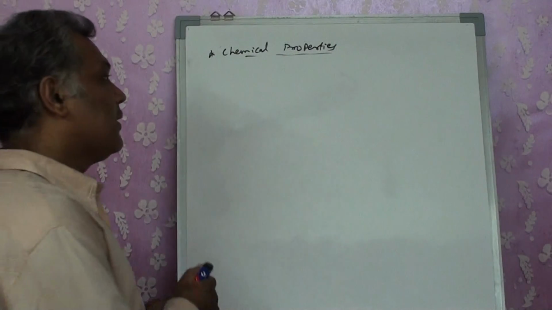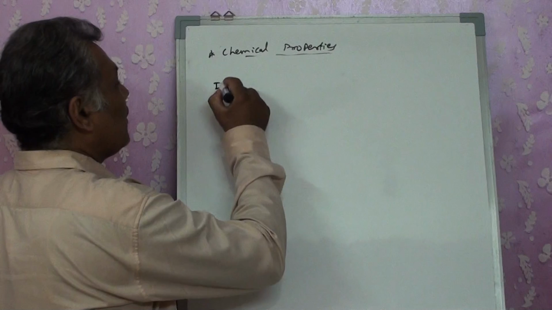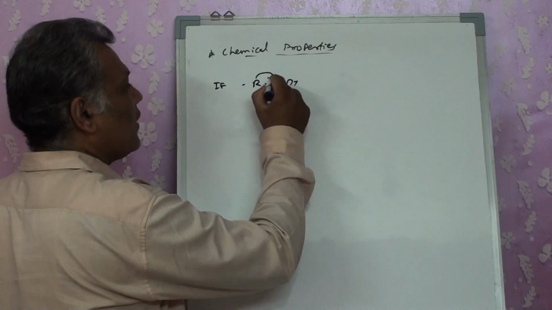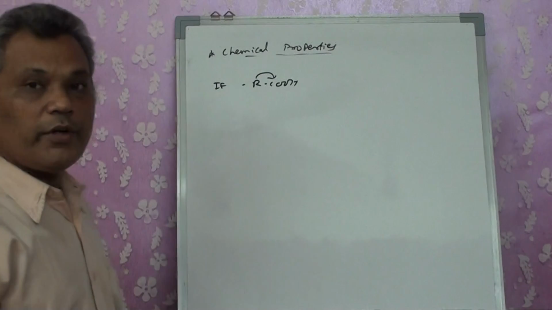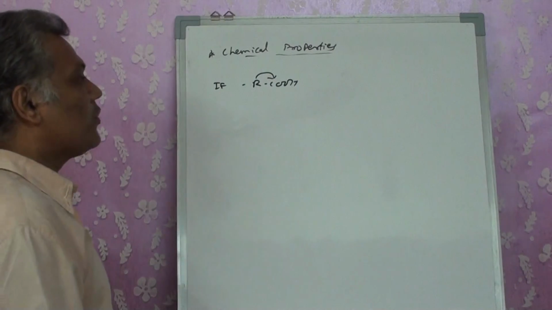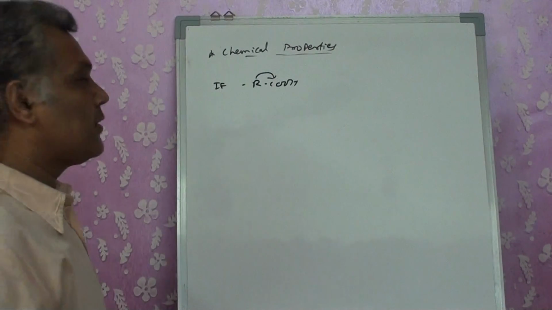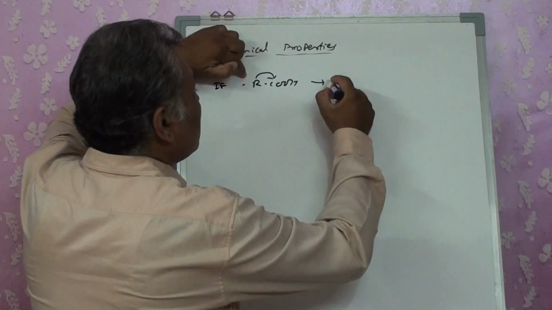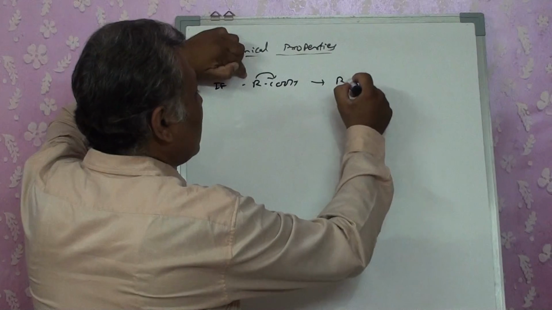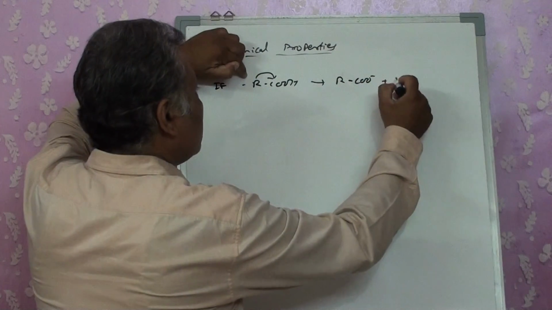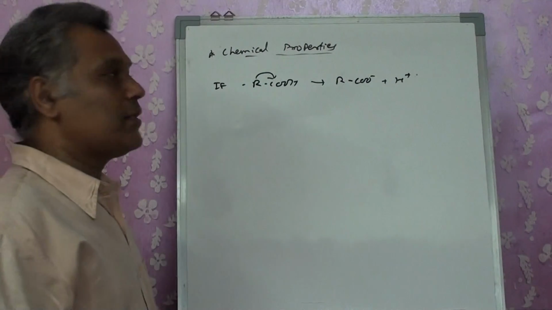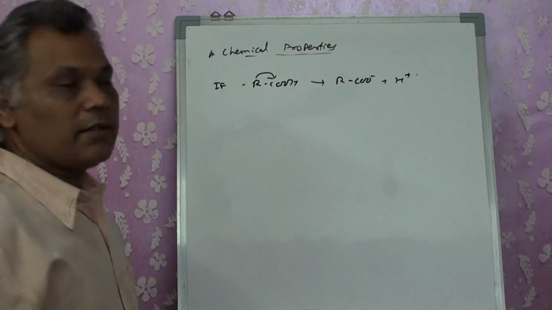In that case, it is told that if RCOOH group is there, R is an electron donating group. As a result it very easily produces RCOO minus and H plus, right?